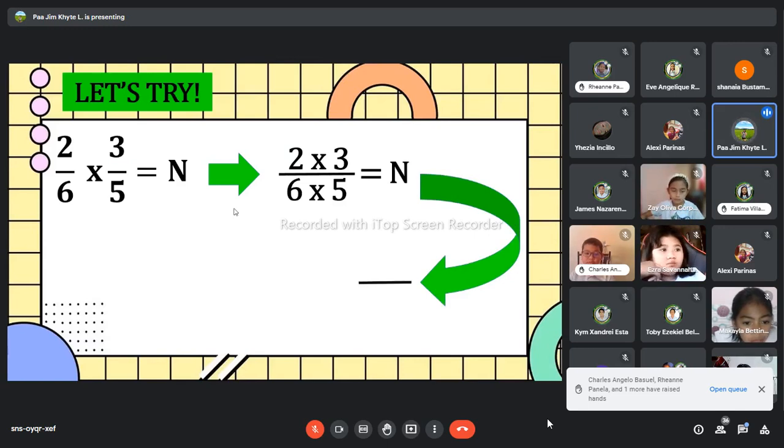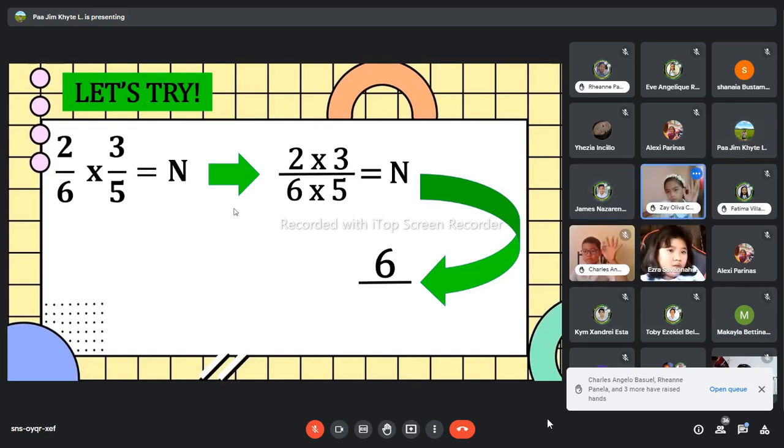So 2 times 3 is equal to anyone? 6. And 6 times 5 is equal to 30. 30, ma'am.